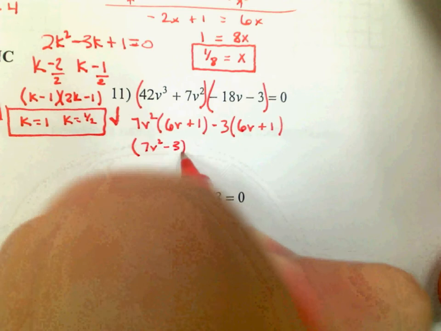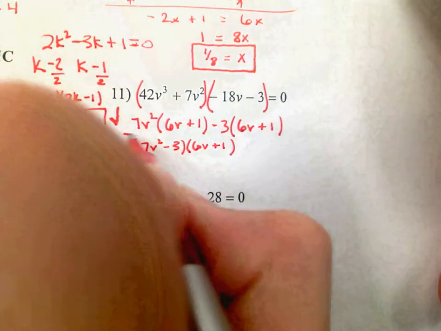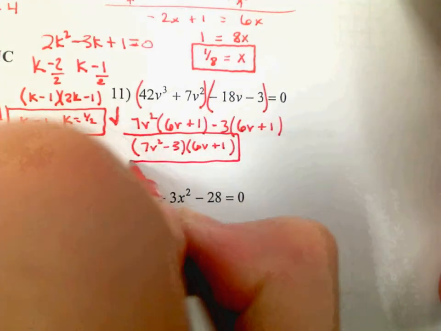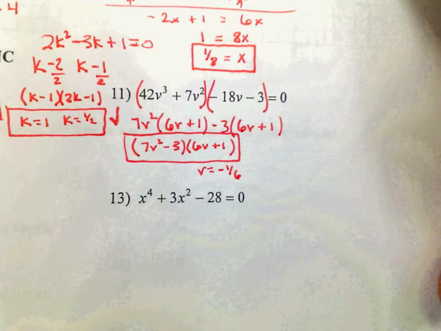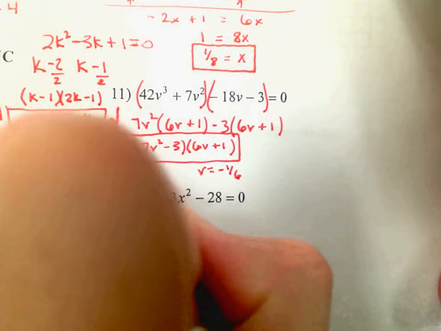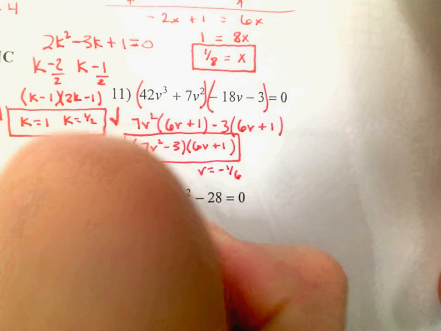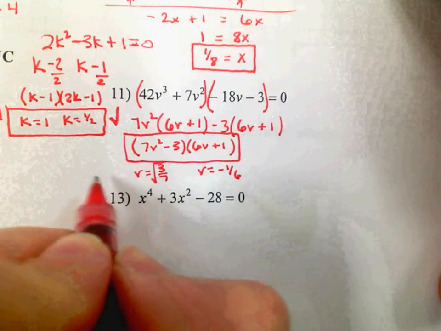Now if I solve, negative 1/6 for the one on the right and positive 3/7 for the one on the left, but it's square rooted as well. Now we just did that over here on number 10, so that answer I already know is going to be the square root of 21 over 7, plus or minus.